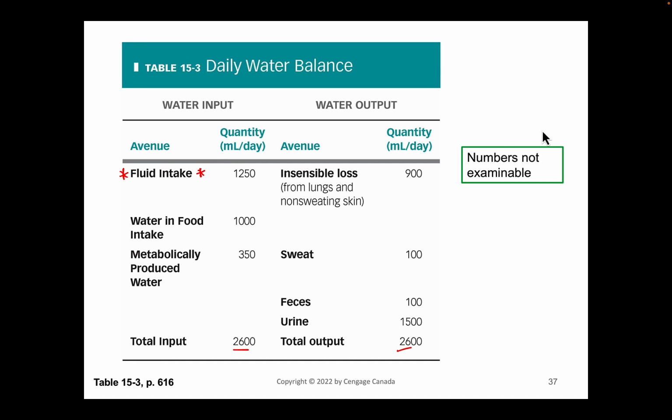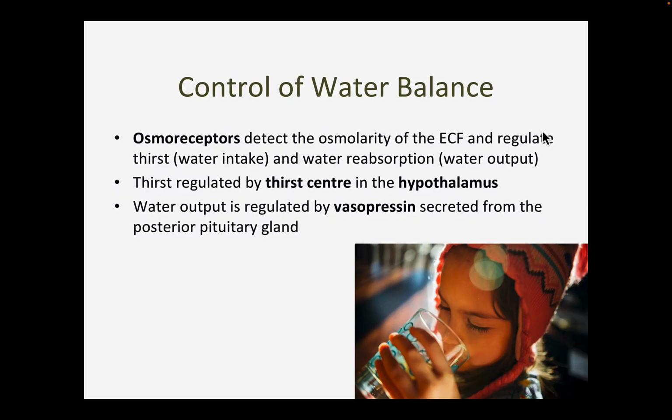And then for outputs, we can't really control how much we lose through our lungs, through our sweat, or even in our feces. So the main one we control is our output through urine or through our kidneys. So intake of fluids and output of urine are the two mechanisms we use to control water balance. How do we do this?